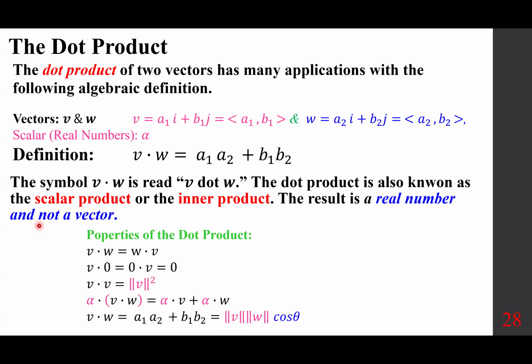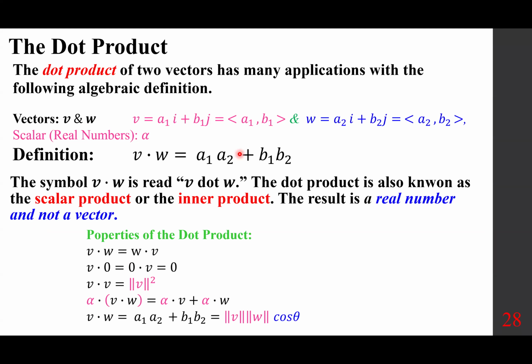Properties. V dot W and W dot V are the same because of the commutative properties of addition and multiplication. V dot 0 is 0 dot V is equal to 0. V dot V is the magnitude squared.